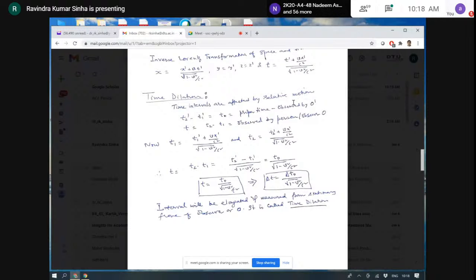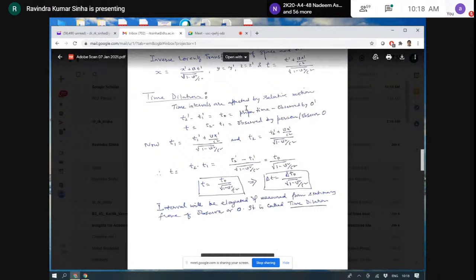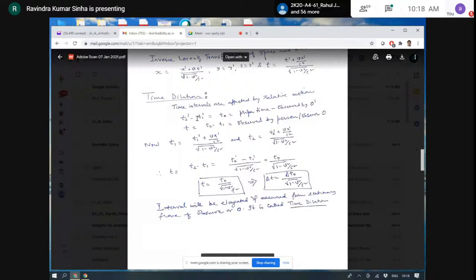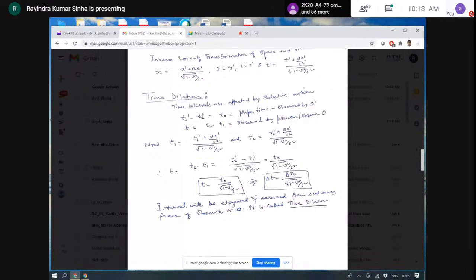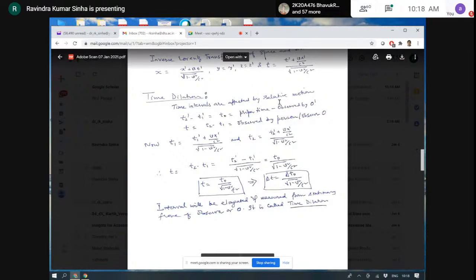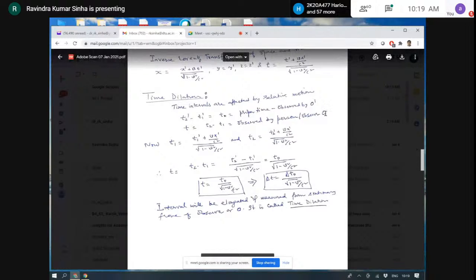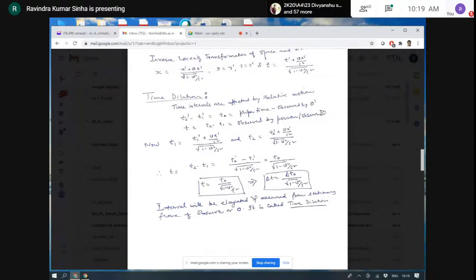So we can write: something is happening in a moving frame of reference, and that event is recorded as T2 dash minus T1 dash. Something has happened that is called T0, the proper time observed by O dash. But the same event will be observed differently by a person who is in the S frame of reference, an observer O from the other coordinate system.